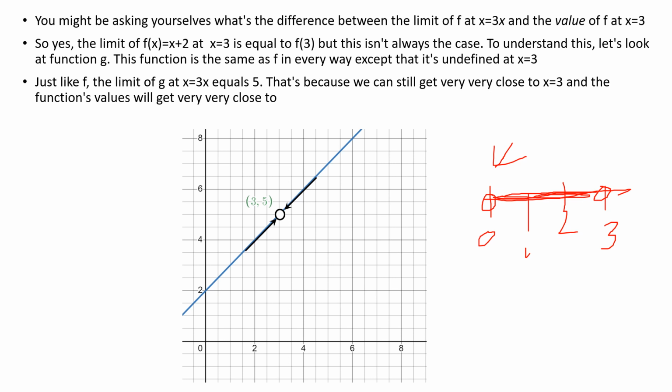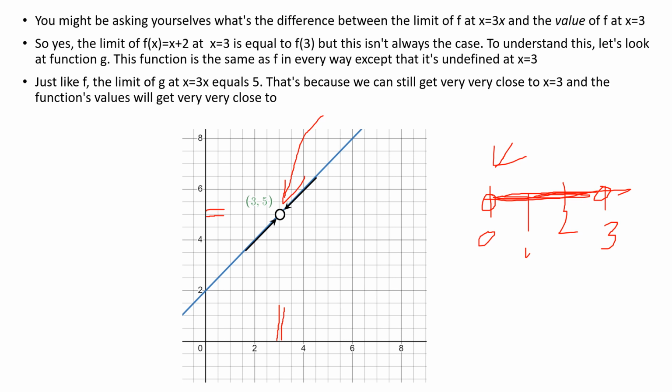It's the same thing here. I am approaching 3. It could be 2.999 right here. It could be 3.1111 right here. And that would give me really close to 5, like 4.9 and 5.1. But it can never actually be 3. And if it can never be at 3, it can never be at 5.